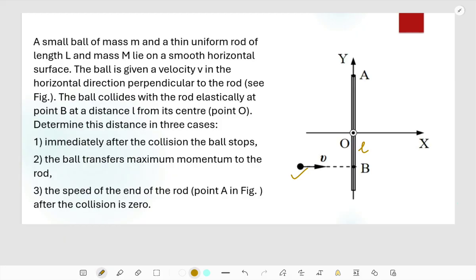Since the linear velocities of ball and rod change after the collision, and an angular velocity is also imparted to the rod, we can have three unknowns in general. Since the collision is elastic, we can have the conservation of kinetic energy at our disposal in case we need it.